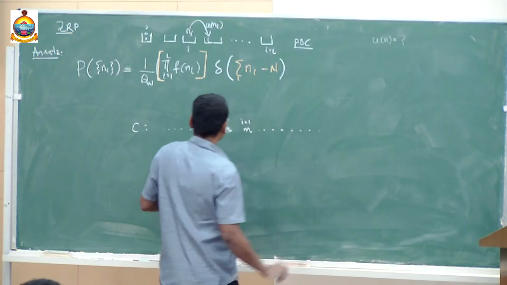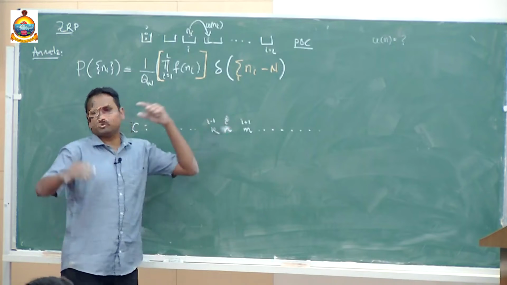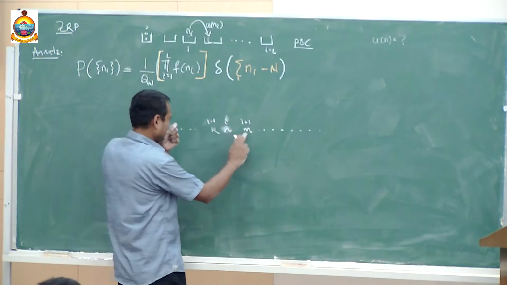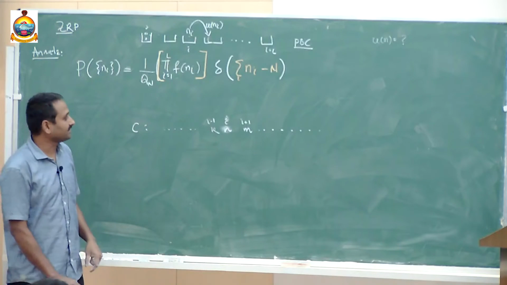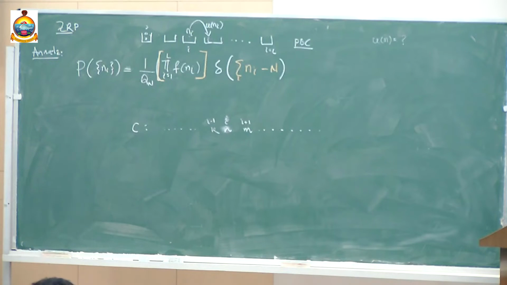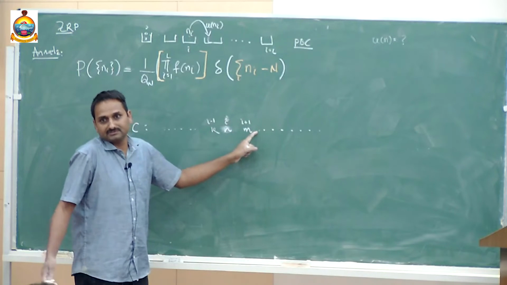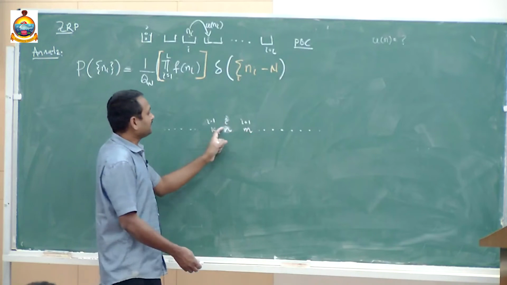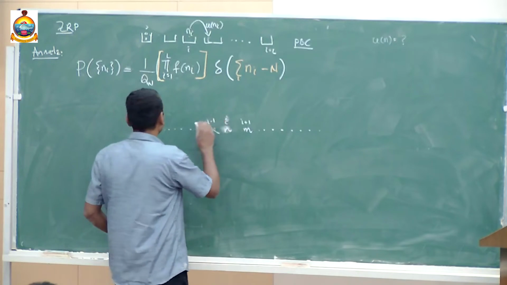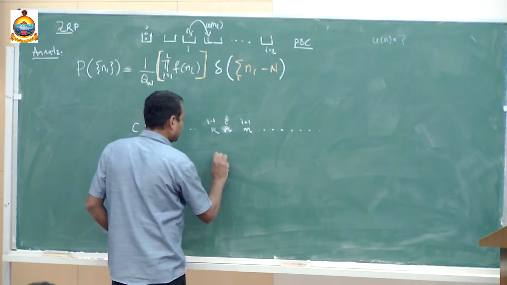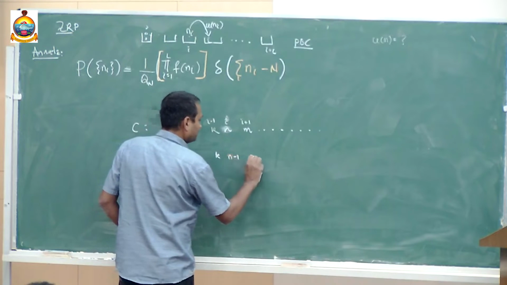So three consecutive sites you have somewhere. This is a general configuration. Now a change in configuration occurs because one particle goes from here to here. Wherever the particle leaves, I am taking that as a configuration, and C going to C prime. C prime is basically K, N minus 1, M plus 1.